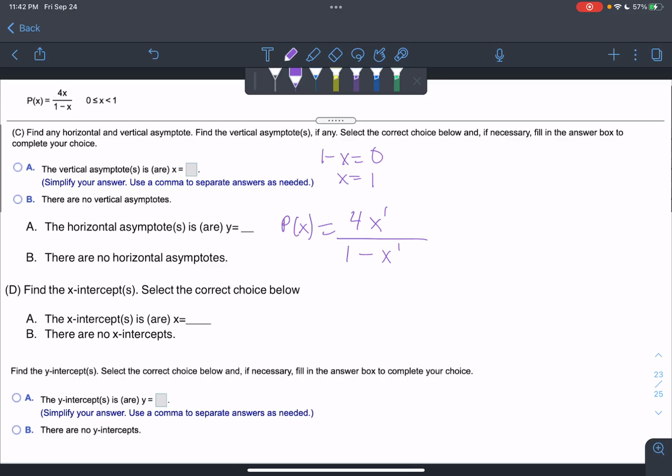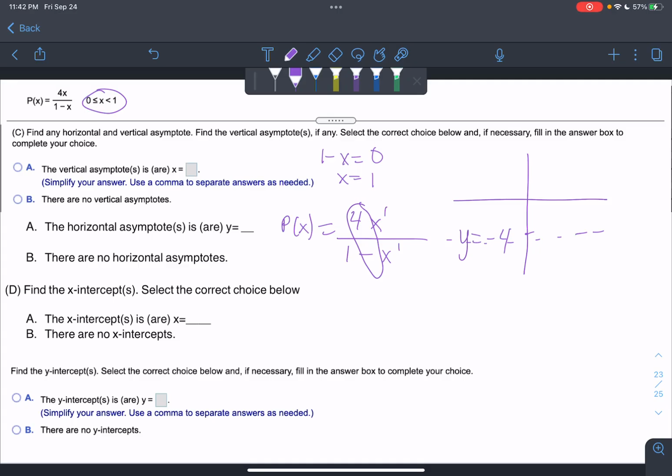So they match, so we take the coefficients. And so y equals -4. So on our graph, we have the horizontal asymptote of y equals -4 down here. But now we're only considering when our x is between 0 and 1.